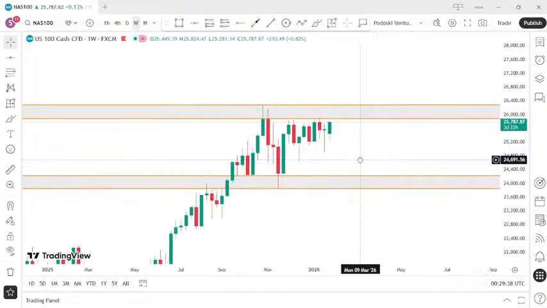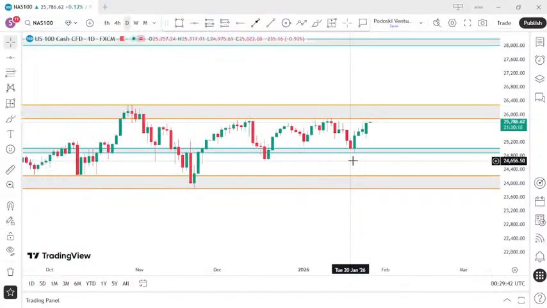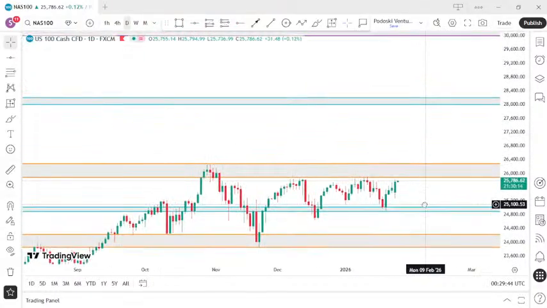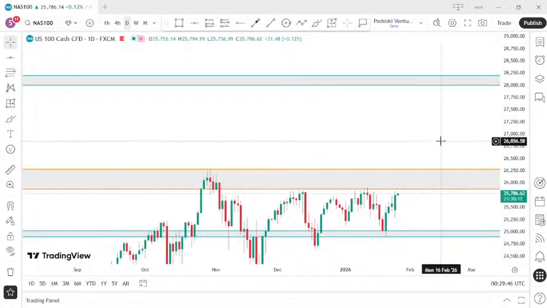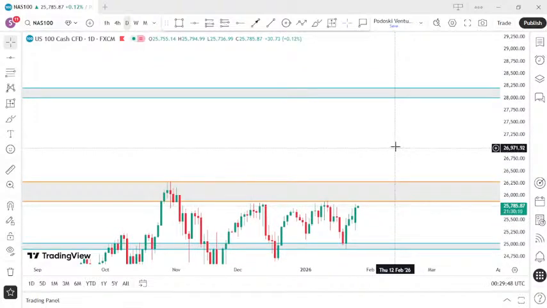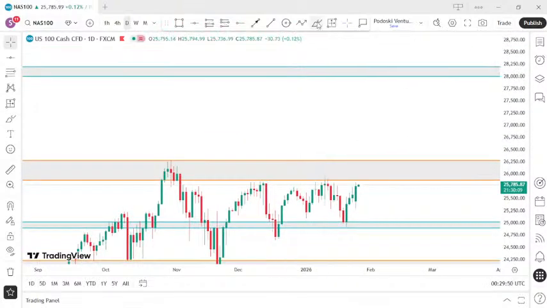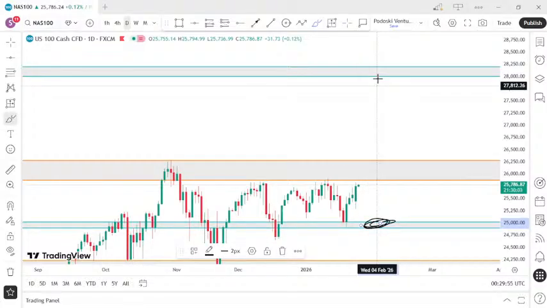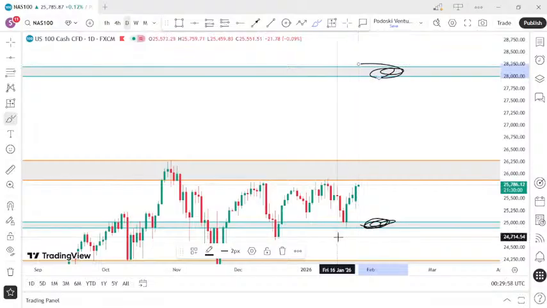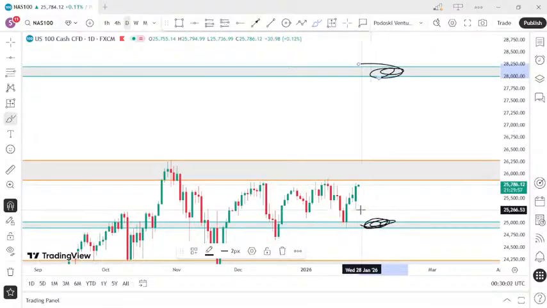So we go to the daily time frame and see what price is doing over there and see if we can also get our buying opportunity. On the daily time frame on NAS 100, I have my daily mid lower zone here and my daily upper zone here. From the daily time frame, price is actually moving to the upside.